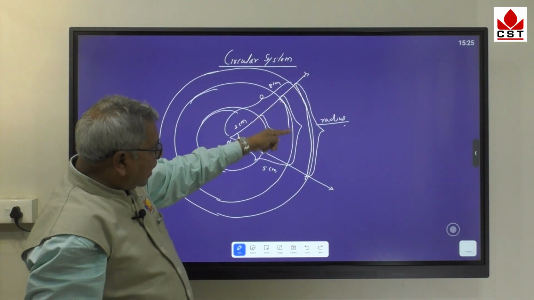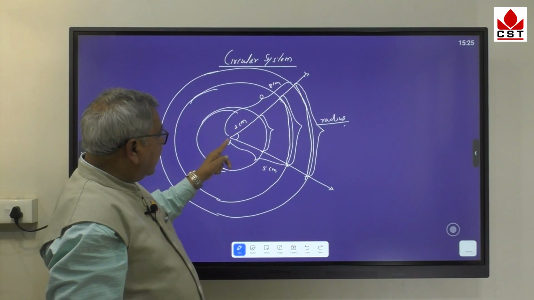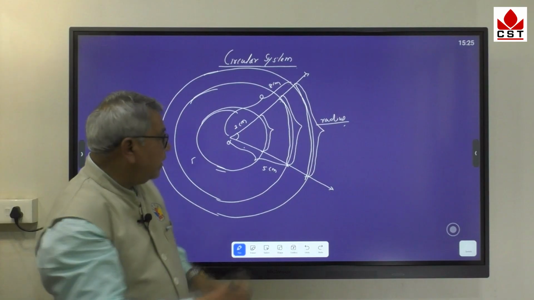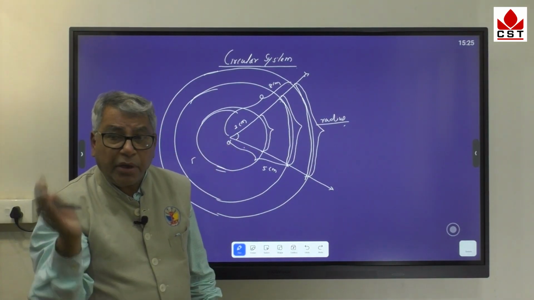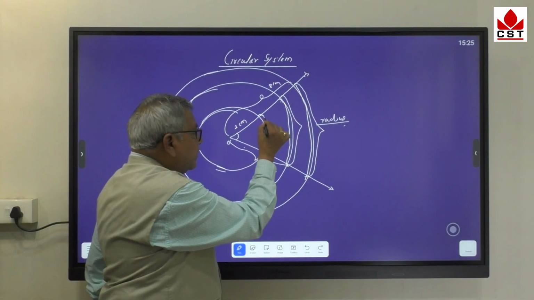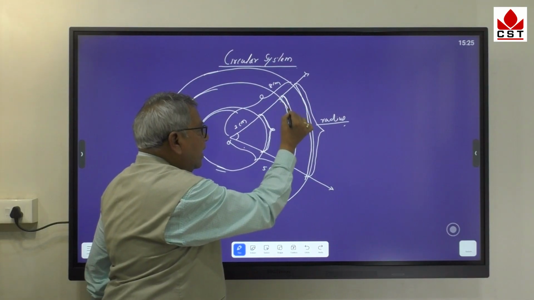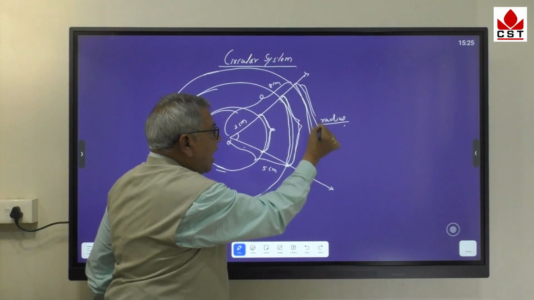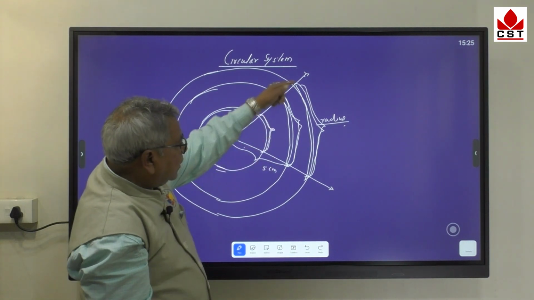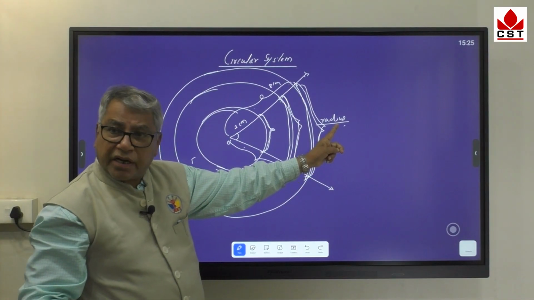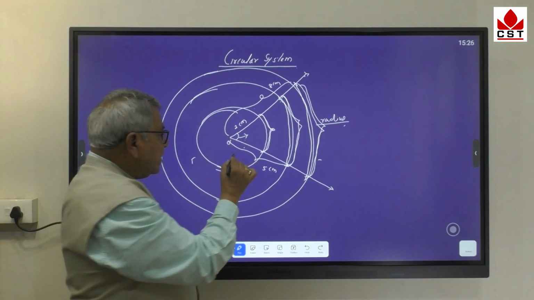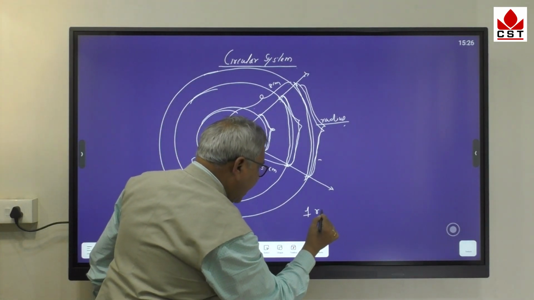For the second, the radius is 5 centimeter and the arc length is also 5 centimeter. The radius is 2 centimeter, then the arc length is 2 centimeter. Then the angle is the same, no? The angle is the same. So what is said is that the angle subtended at the center by an arc of the circle whose length is equal to the radius of the circle is always a constant, and that is taken as 1 radian.